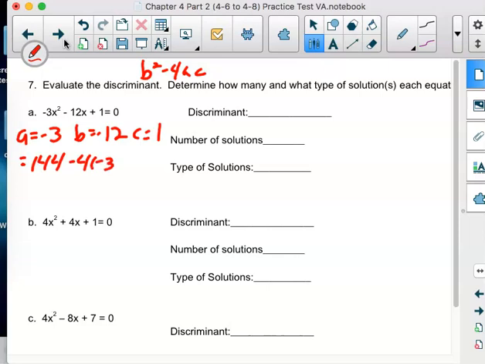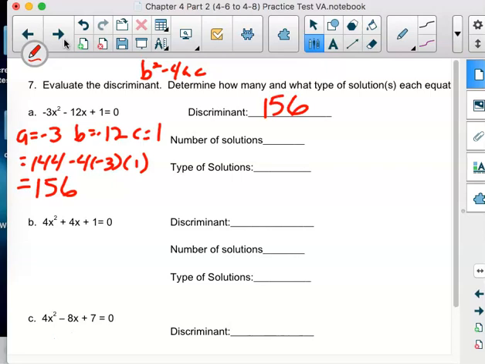Minus 4 times negative 3 times 1. Again, do it in your noggin, do it on the calculator. Doesn't matter. Negative 4 times negative 3 is 12. 12 times 1 is 12. 144 plus 12. There's the discriminant.